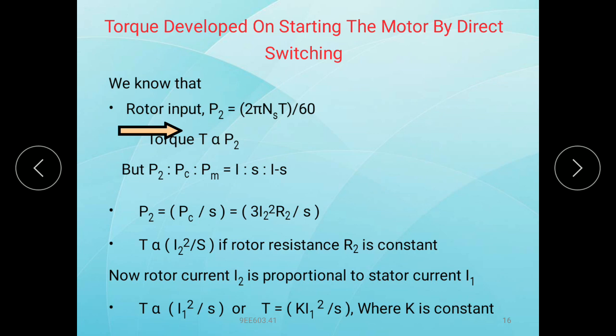Now the rotor current I2 is proportional to stator current I1. So torque is proportional to I1 square by S, or T is equal to K I1 square by S, where K is constant.